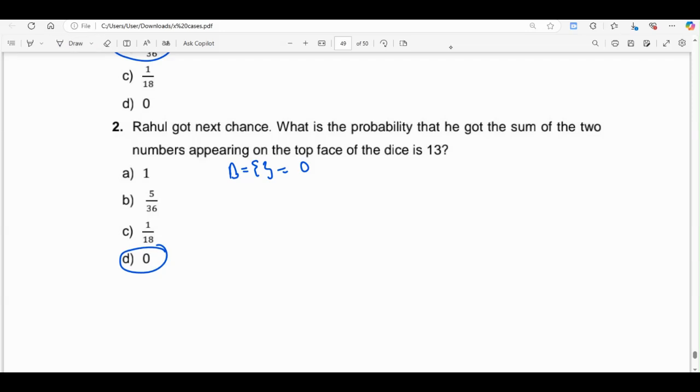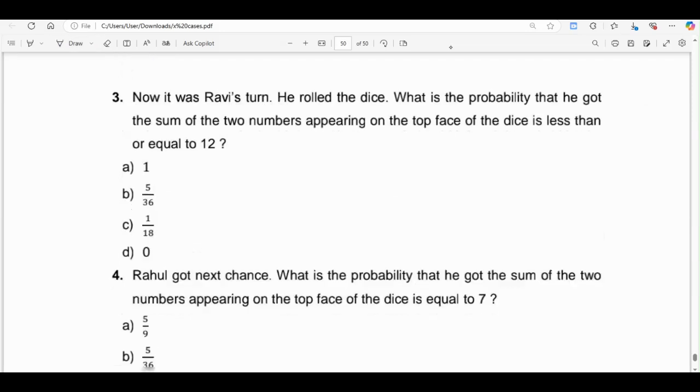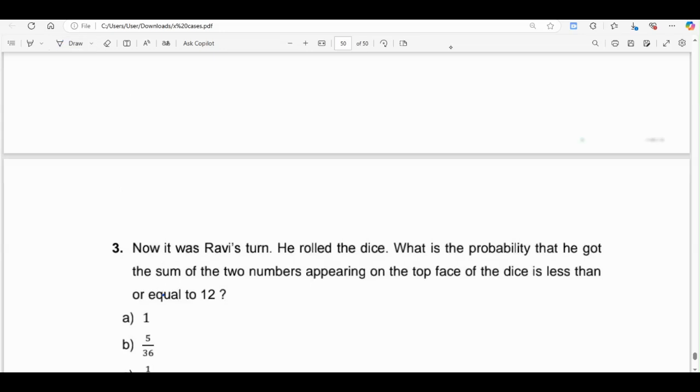Then the next one. Now it was Ravi's turn. He rolled the dice. What is the probability that the sum of the two numbers on the top faces of the dice is less than or equal to 12? We can just count it in the sample space.